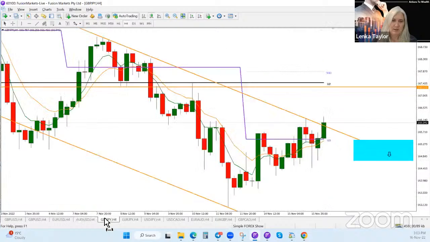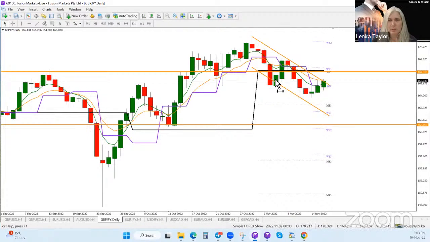The next currency pair I'm looking at is GBP JPY, and here I'm looking for short opportunities. So we've now come underneath that, well, it was like a false break really, and now back in the range. So looking for the price to go short. It may not happen at the top of the range where we are now.